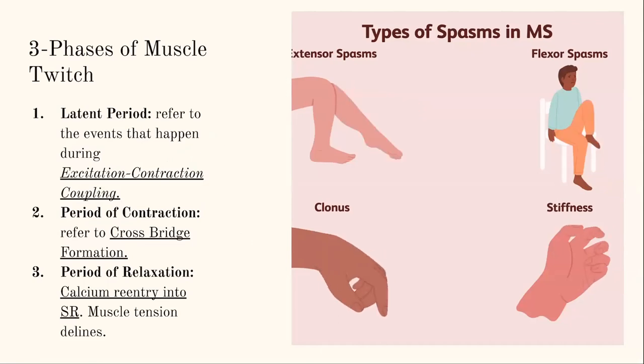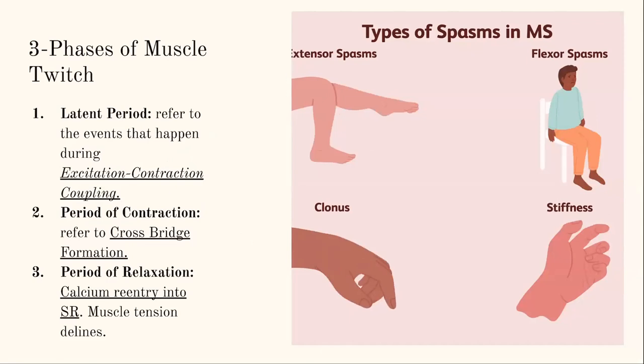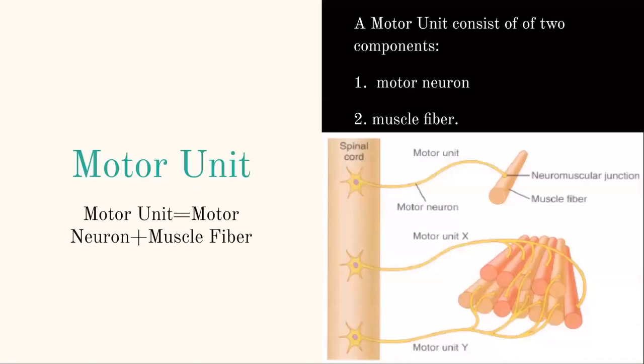So one, the latent period is going to refer to the excitation coupling. So remember, we were talking about how once the action potential reaches the terminal, it goes down to the neuromuscular junction, and then the action potential goes down the T tubules, and then the calcium is released in the sarcoplasm.